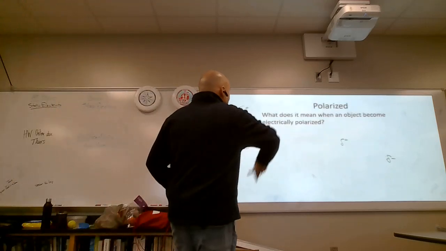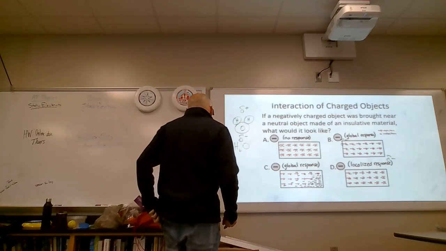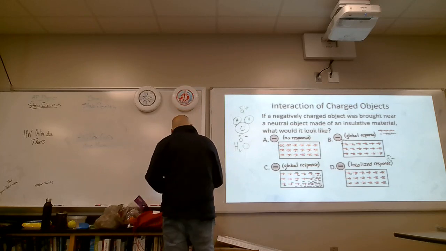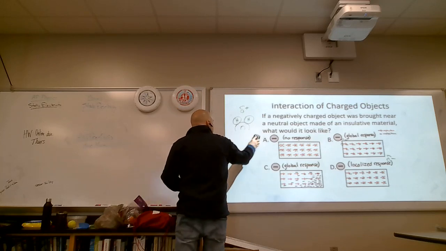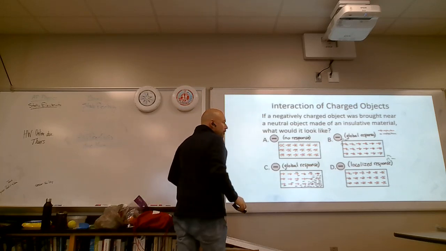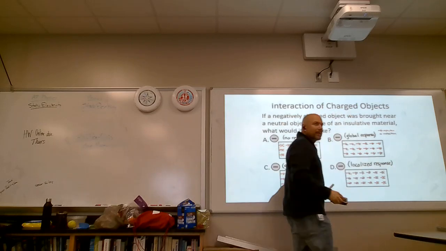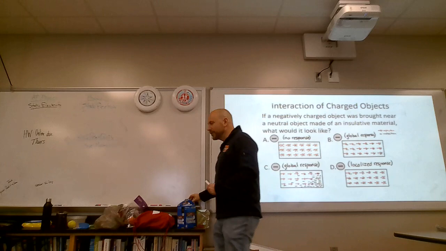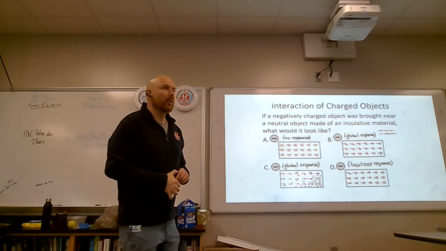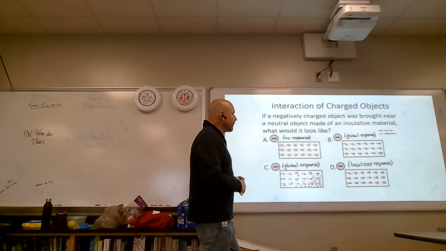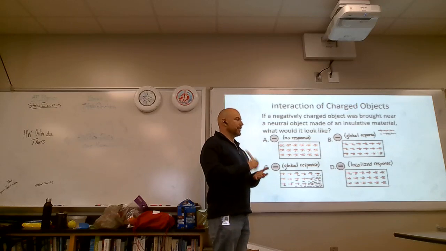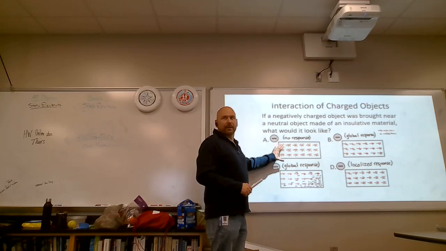All right, so we just talked about that. What would happen if we repeated this experiment, but this time with a neutral slab of plastic? So it's an insulator. We bring our negatively charged bowling ball. What's going to happen inside that slab of plastic? Here are your options. Nothing.